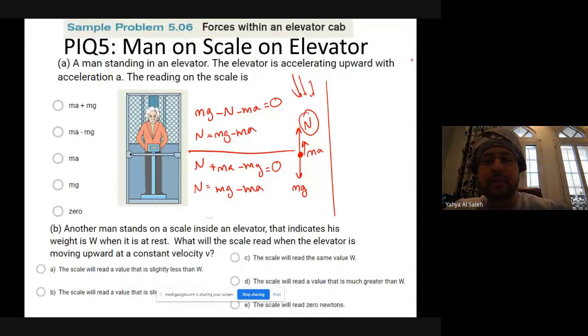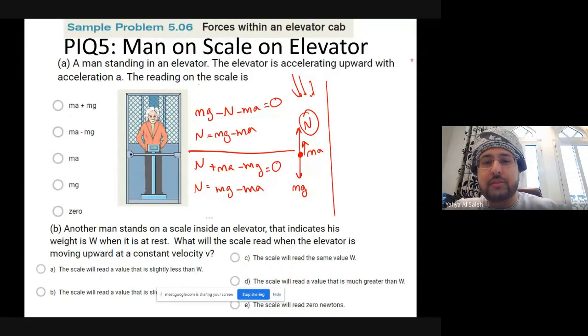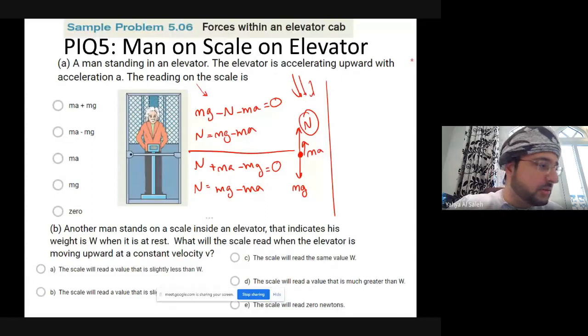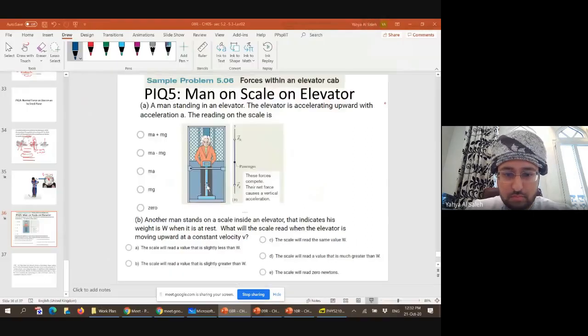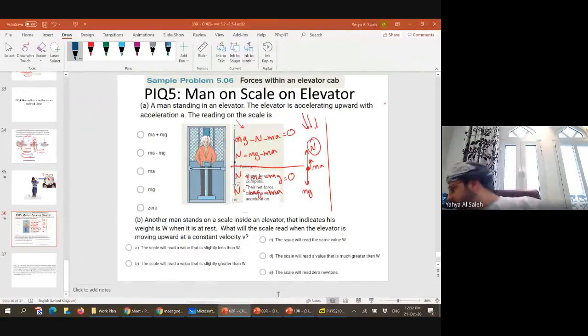The only thing is, the first time I took mg down to be positive, and the second time I took up to be positive. So let me take a look.